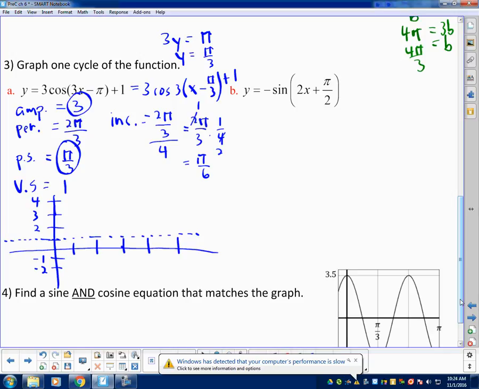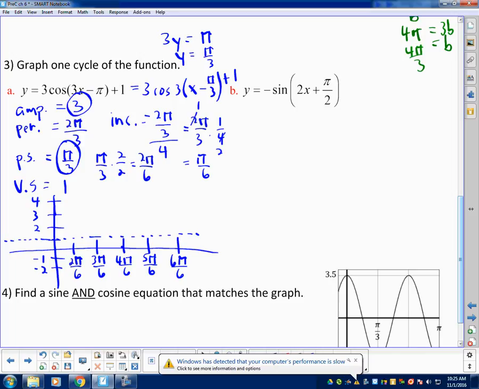Pi over 3, we know, I multiply by 2 over 2 equals 2 pi over 6. So really, pi over 3 is 2 pi over 6. Just leave it in unreduced form here. So the next one would be 3 pi over 6, also known as pi over 2, 4 pi over 6, also known as 2 pi over 3, 5 pi over 6, and 6 pi over 6, which is also pi.